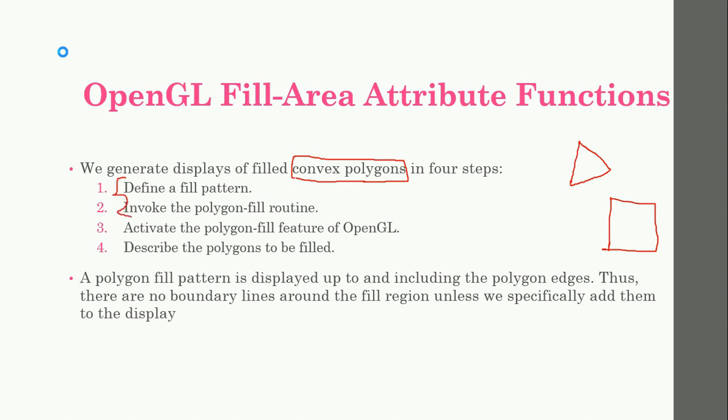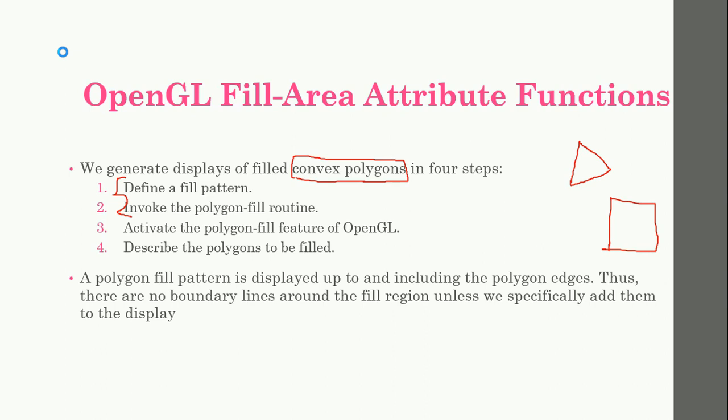Only then can you activate the polygon fill feature. And next is to describe the polygon to be filled. At last, you can start drawing your actual polygon that has to be filled with a certain pattern.